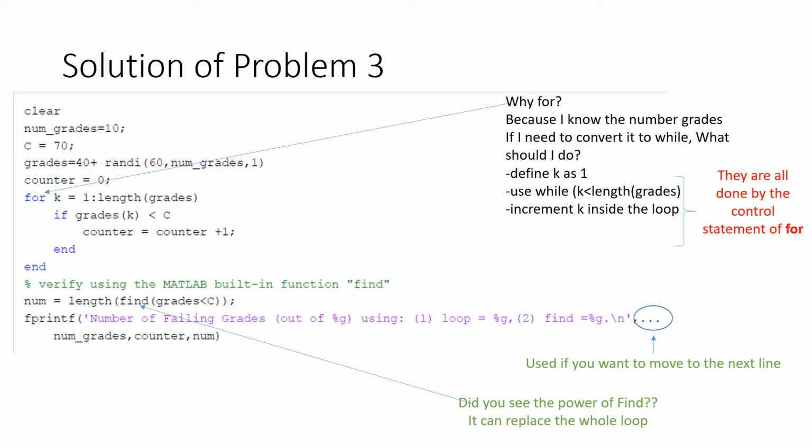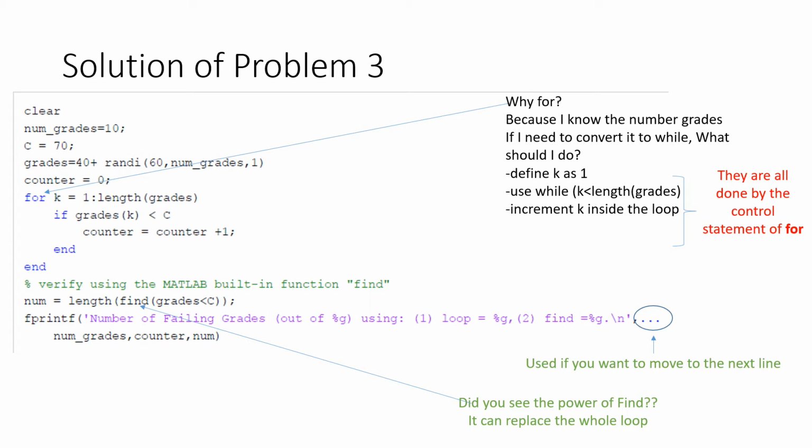Of course guys, here I have a condition inside my loop. However, this does not mean that I should use while. Even if I have a condition, this condition is not the condition to stop the loop. It is a condition to count the number of failing grades. Since grades is an array, as I said in the previous PowerPoint, the for will be on the index of this array.